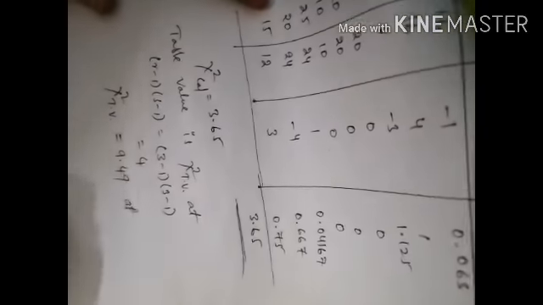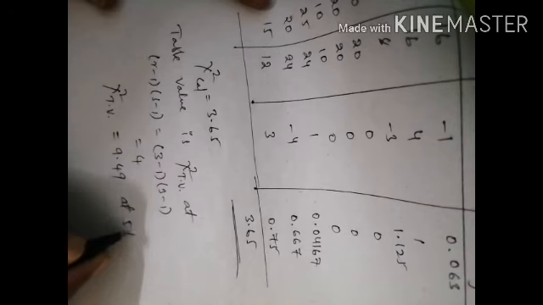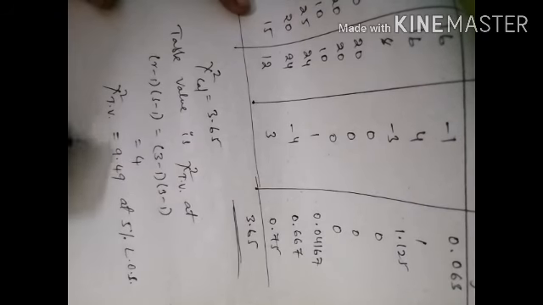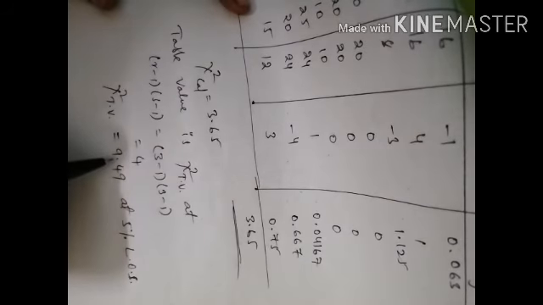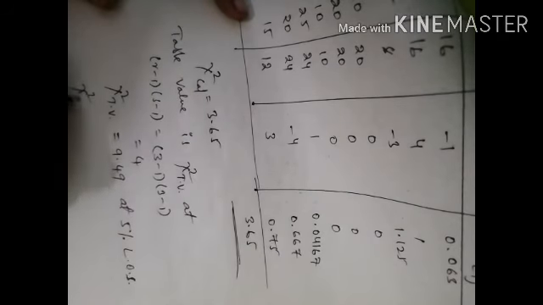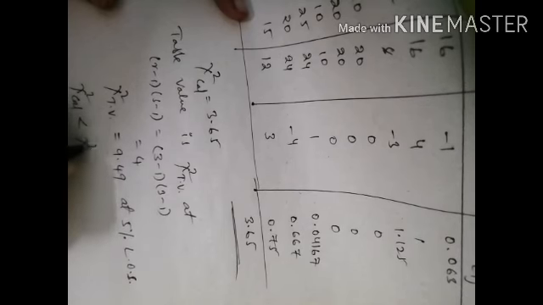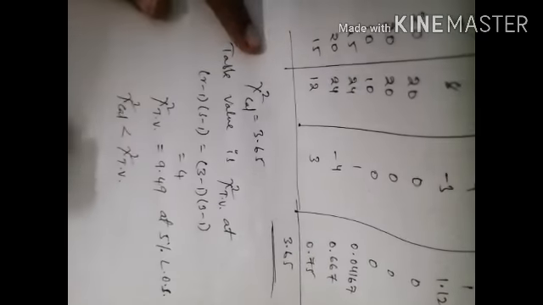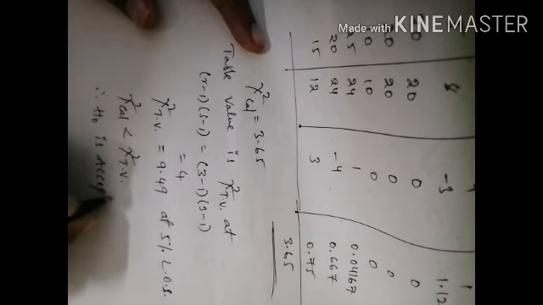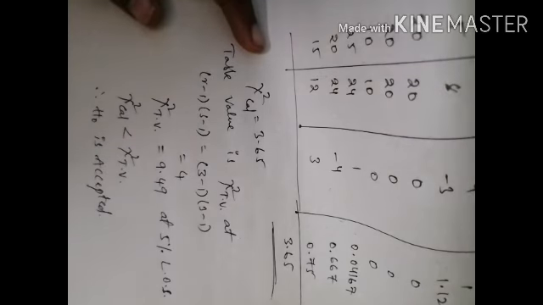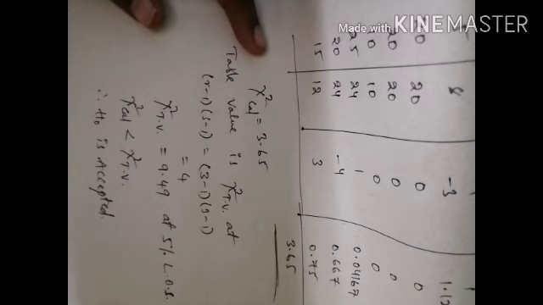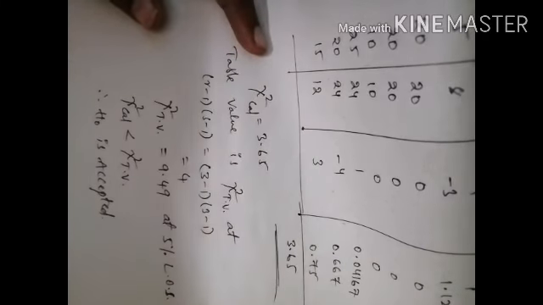Here the calculated value is within the tabulated value, that is, chi-square calculated is less than chi-square tabulated value, therefore H0 is accepted. The conclusion: hence there is no association between hair color and eye color.